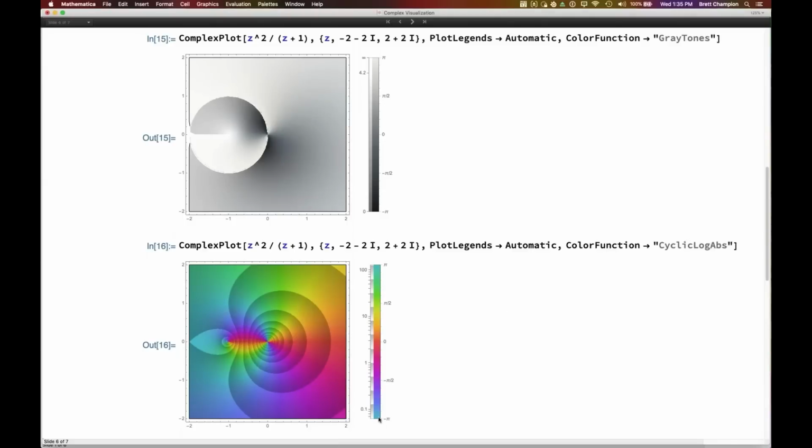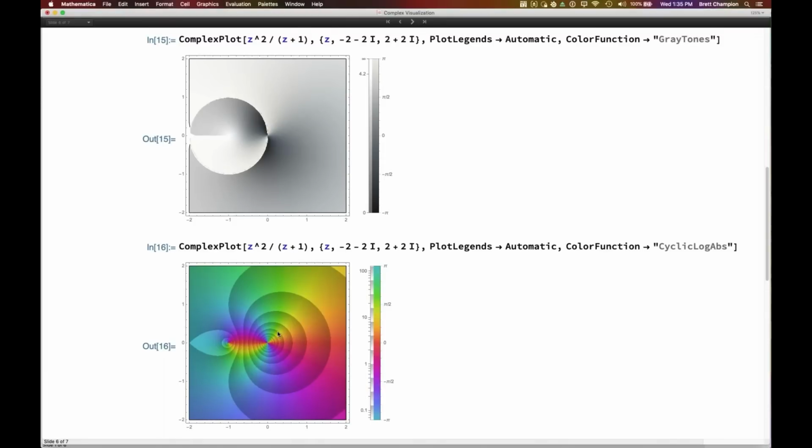In this case, in addition to the color changing with the argument, we're also varying the lightness and darkness on a powers of 2 basis according to the absolute value or the magnitude. And these are reasonably well documented in the documentation for ComplexPlot.